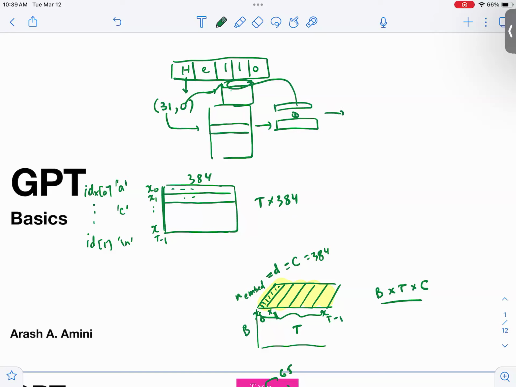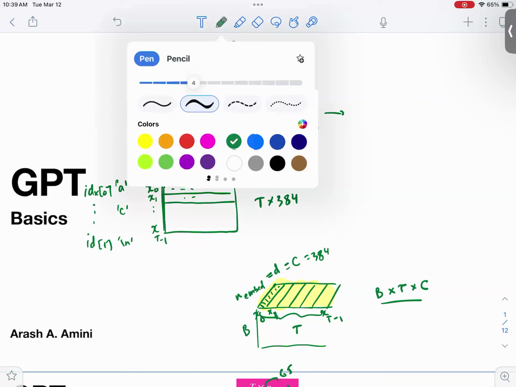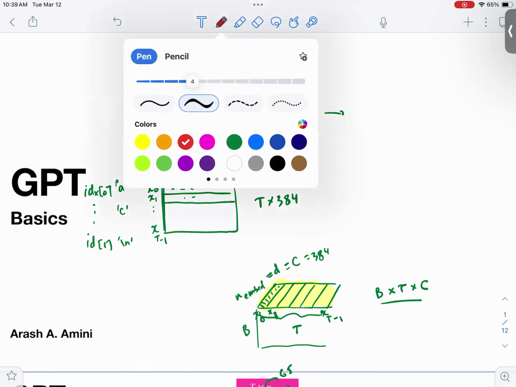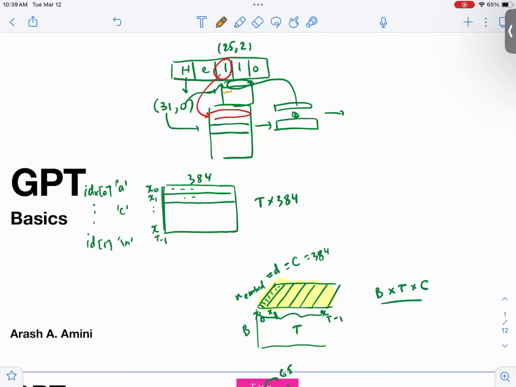So this word is, maybe it's not ordered, so maybe it's the 25th word in the vocabulary, and the position is 2. So for this one, we go to position 25 here, pick the vector, and then 2 is going to be position 2 here, so the second row.